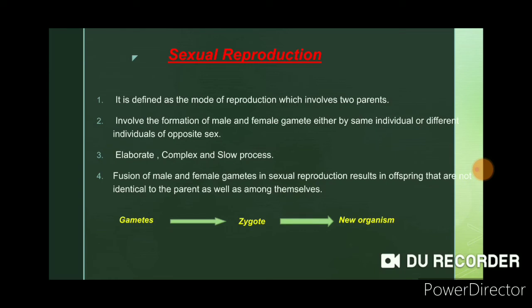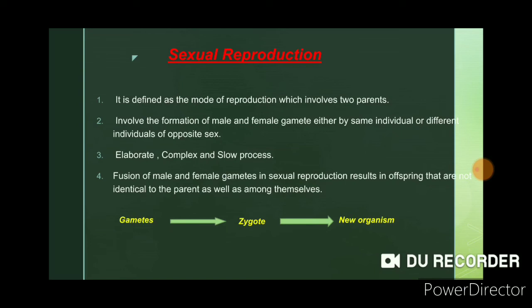This type of reproduction involves formation of male and female gametes either by the same individual or different individuals of opposite sex, which means sexual reproduction involves the formation of male and female gametes, whereas in asexual reproduction it is not confirmed that gamete formation will take place or not.